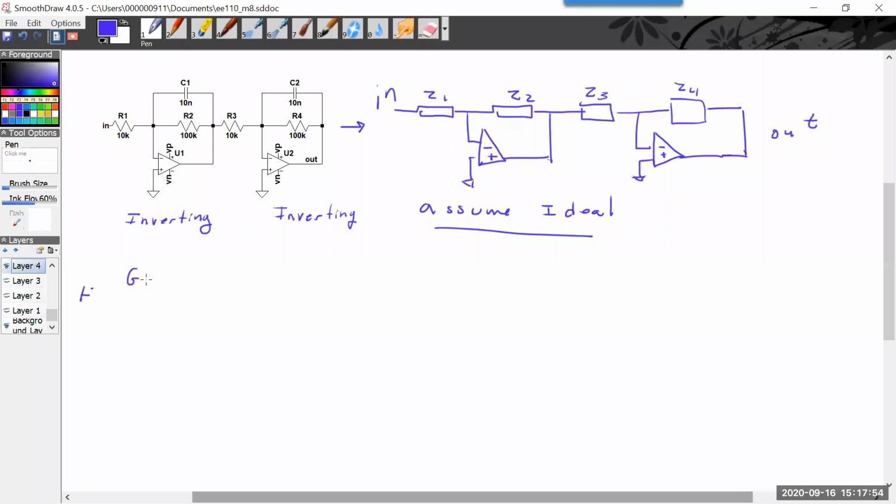Now, the gain of an inverting op-amp configuration is given as this, right? But now G's are just gain and they don't have a frequency component. We're going to use H, and things that have frequency components are impedances, all right?